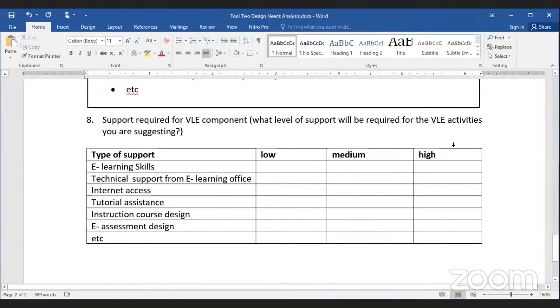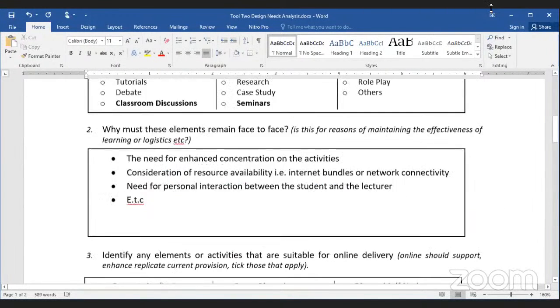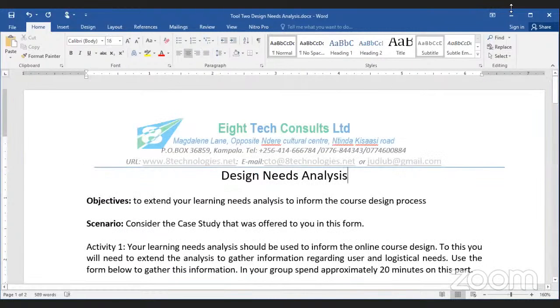And colleagues, just imagine that your school, the dean has been able to receive such information. Under 8, they should be able to put together explicitly what is required for them to have this effective learning take off within the institution. So they can put all the data from the different lecturers and then know, okay, I think 70% need e-learning skills.